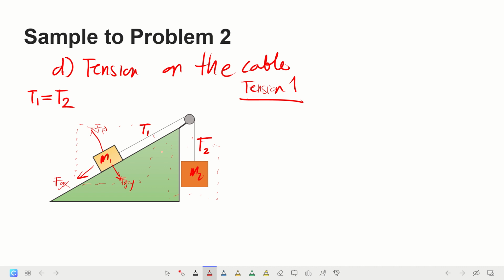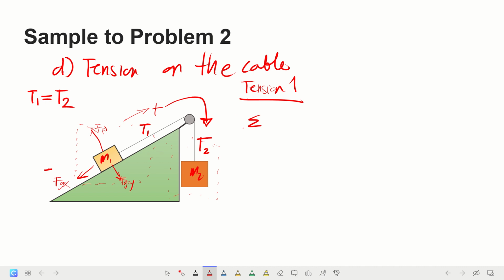Since mass 1 is accelerating upwards, because we already know that this system will be accelerating in this direction because this is heavier, we treat the forces acting toward this direction to be positive, and the opposing force to be negative.